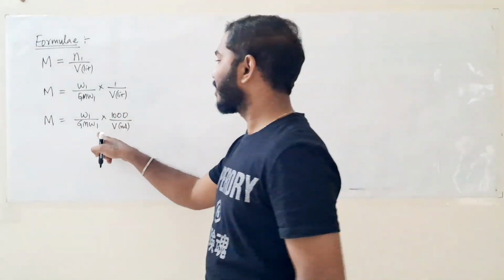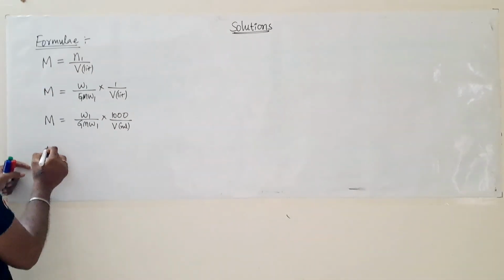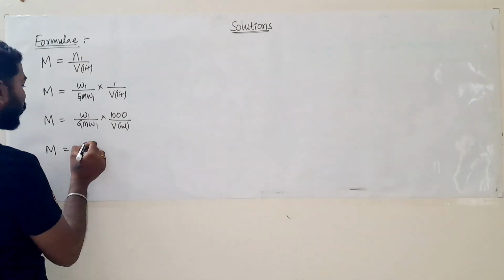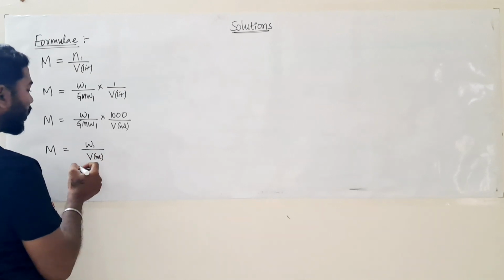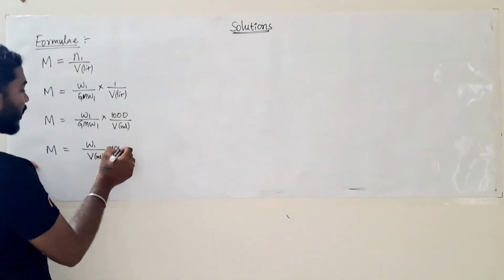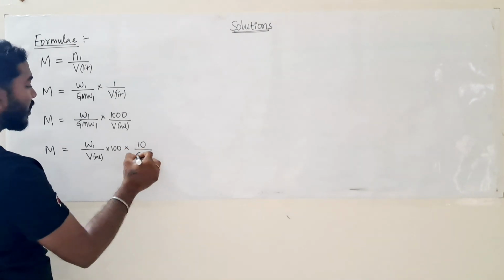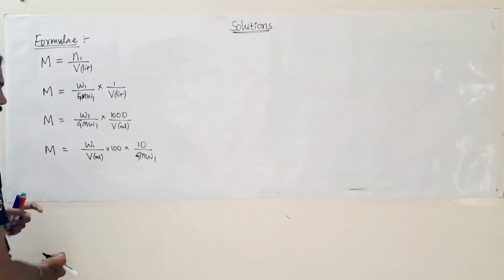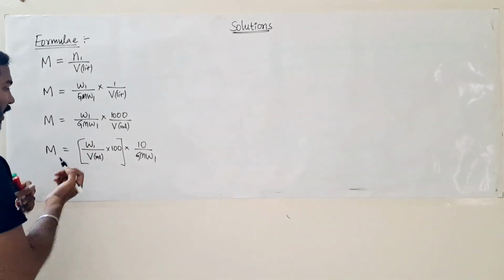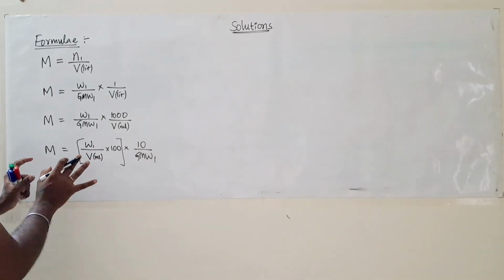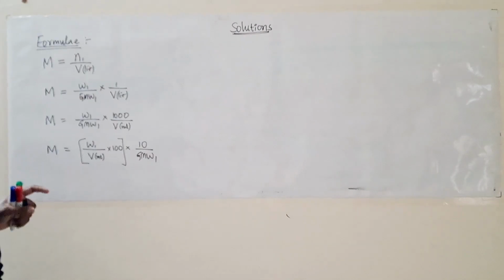And now let us just try to rearrange the things, and then please observe carefully. Is there any problem if we write this equation in this way? So I am writing this as 100 into 10 by gram molecular weight. The same equation, for our convenience, I have arranged like this. I hope it is clear and there is no problem in understanding that.